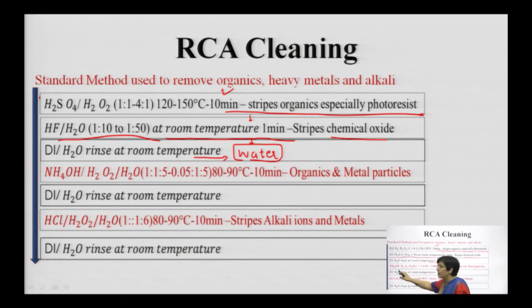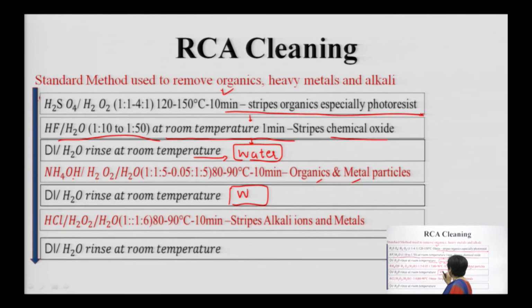Apart from it, now here comes the first SC1 process, where you are using an ammonia and hydrogen peroxide mixture for cleaning, to eliminate the organics and metal particles. Again, water is the second component.